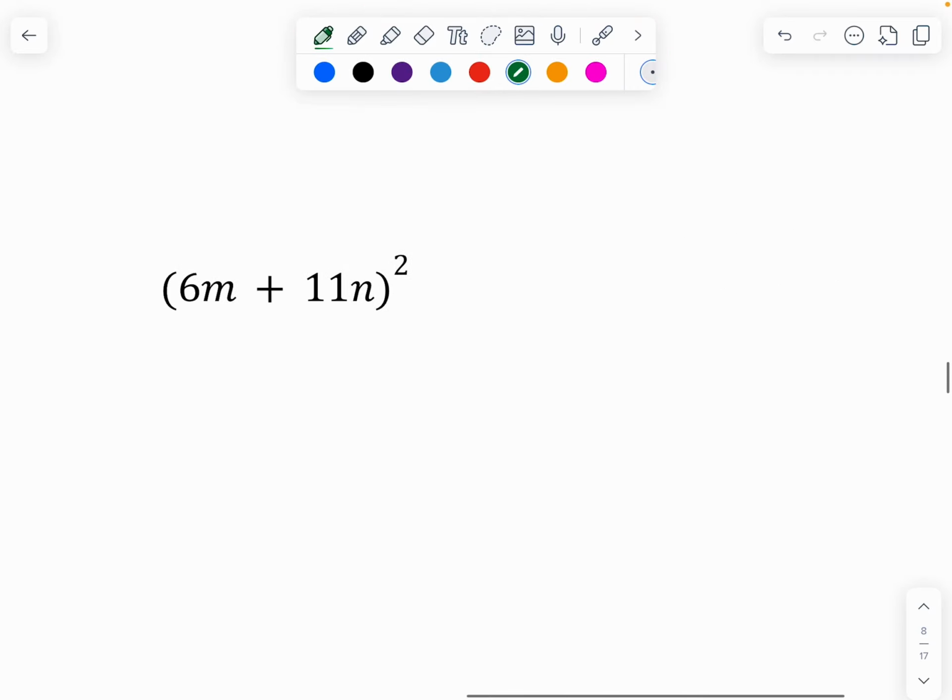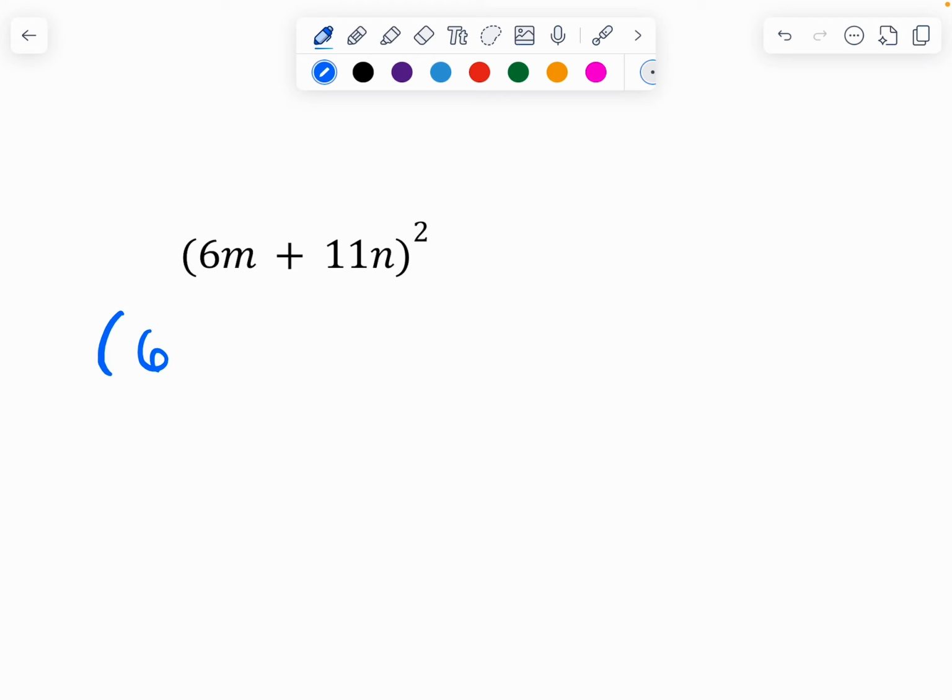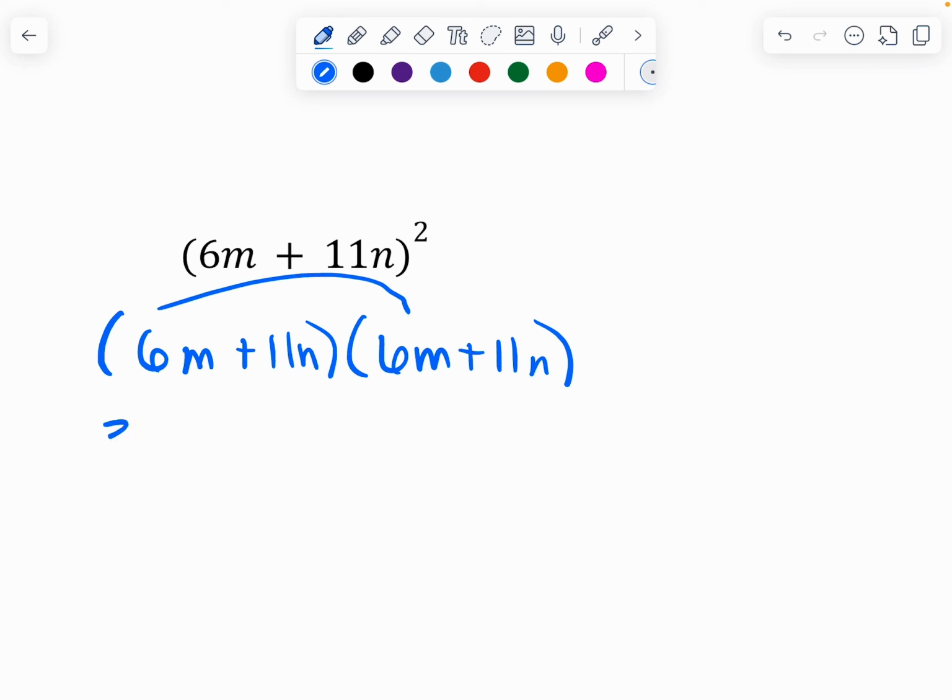Okay, so we're going to do it again. This time I'm going to do it FOIL way first. So if I do here, I get 36m squared. I do right here, I get 66mn.